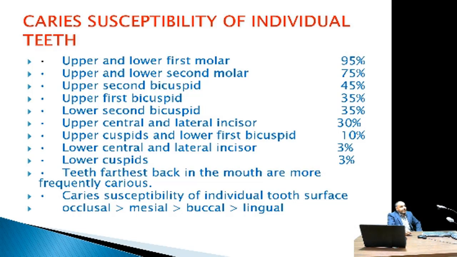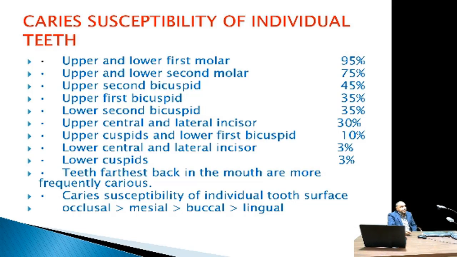Teeth farthest back in the mouth are more frequently caries. دائما الأسنان الخلفية يكون بها more frequently caries وهذا بسبب the accumulation of the food on the occlusal surface or between the teeth.